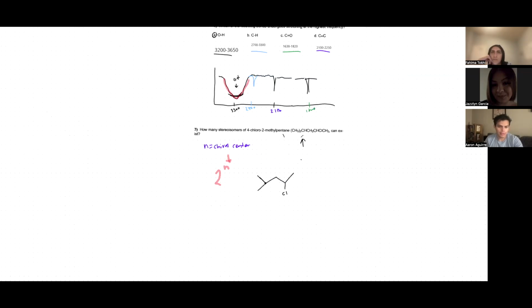And if we play the spot the chiral center game, should I highlight the H's or no? I think at this point we can imagine them. But I guess for the sake of the chiral center, we can draw the chiral center H. There's an H somewhere here, right?